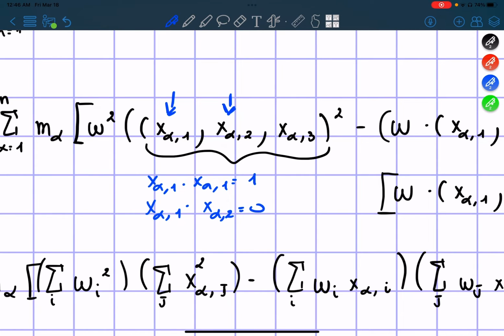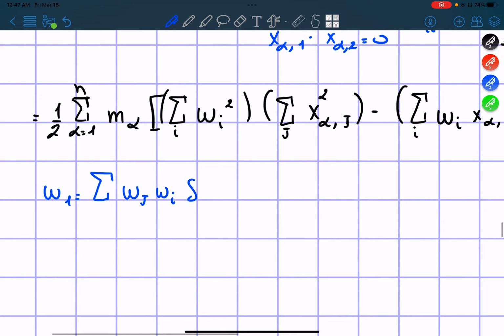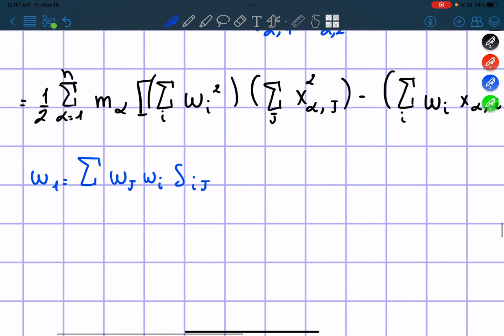A way to write this is using the Kronecker delta, with i, j, so that's what we're going to write down here. So our Kronecker delta with i, j. I prefer to write the i first. Okay, so we can substitute it. No, sorry, this is not the one, this is i.